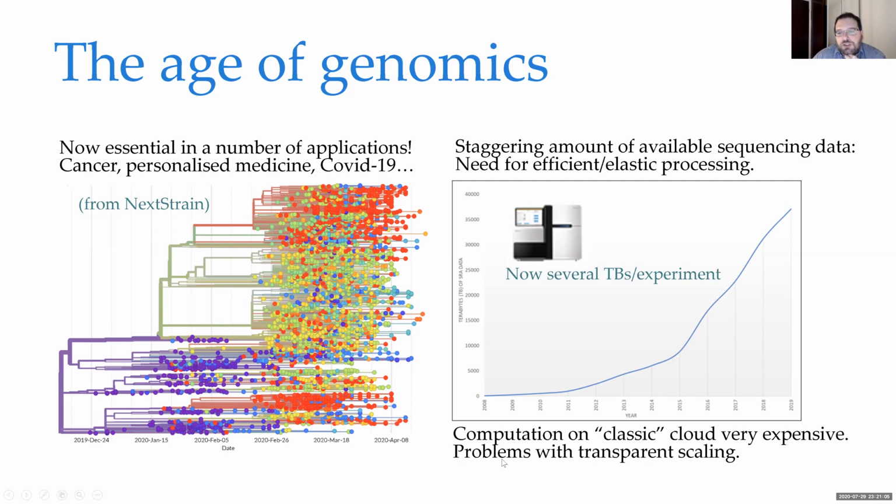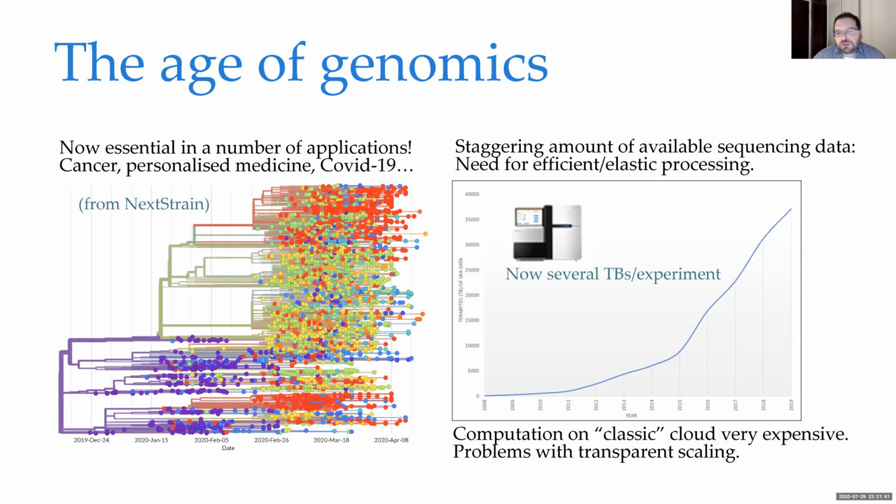If you just take, for instance, SRA, which is one of the repositories where this kind of genetic data is submitted, you can observe that the increase is essentially exponential, and several petabytes per year get added to these data repositories. That can be understood if you think that one single sequencing experiment can produce up to several terabytes of data in one single run, so in a few days.